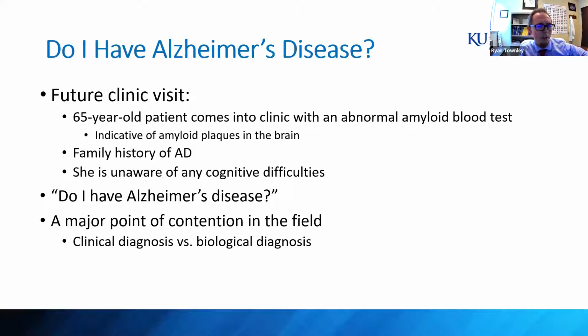And that's actually a major point of contention within the field. So I think most of us still suggest you need clinical symptoms to have a diagnosis of Alzheimer's disease. But that timeline, that understanding of what's happening in the brain for many years prior to clear symptoms, is where this biological definition and diagnosis comes from.